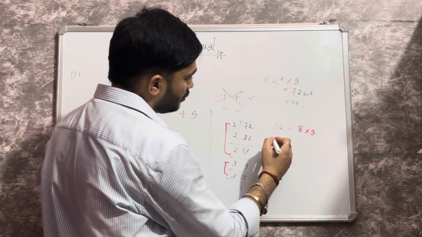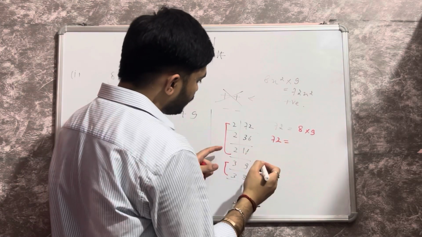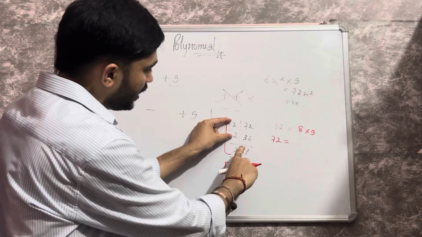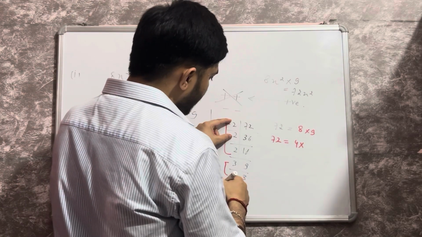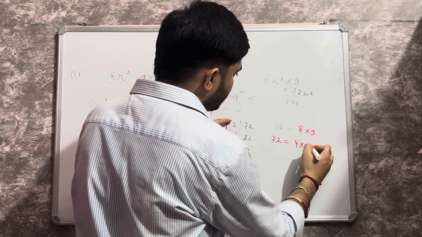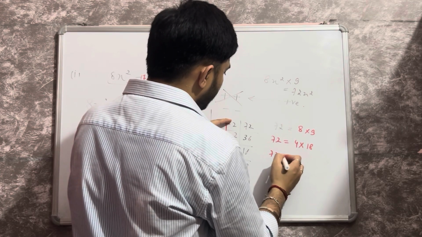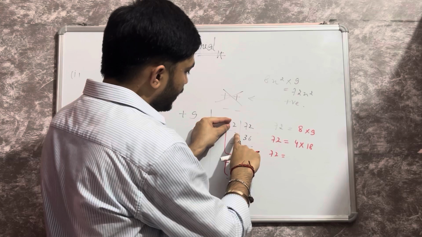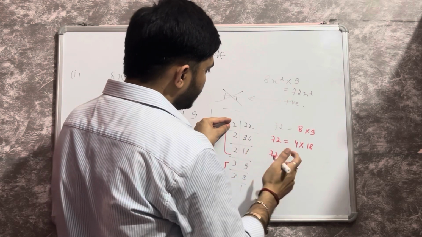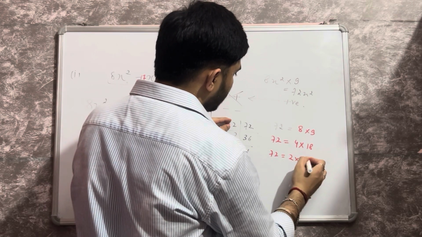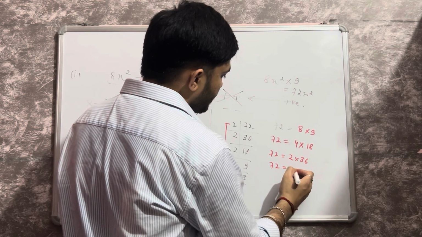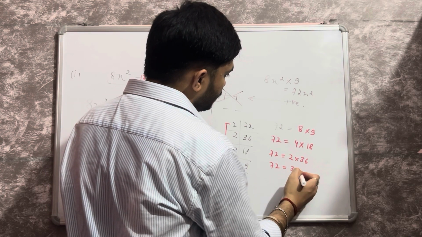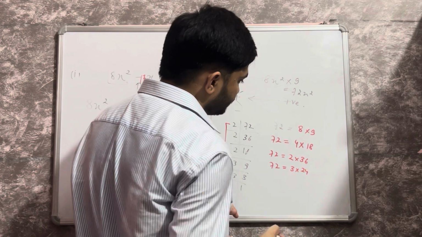So now make other pairs. 72 equals, let us take these two numbers and these three numbers as different: 4 into 18, then 2 into 36, or you can write 72 as 3 into 24.